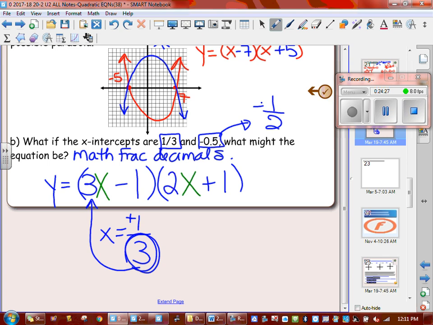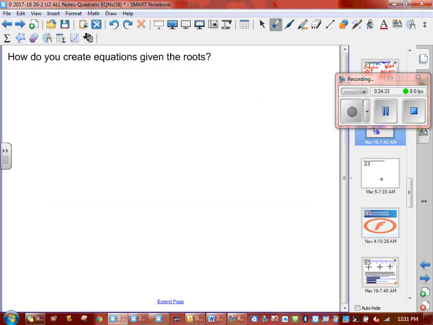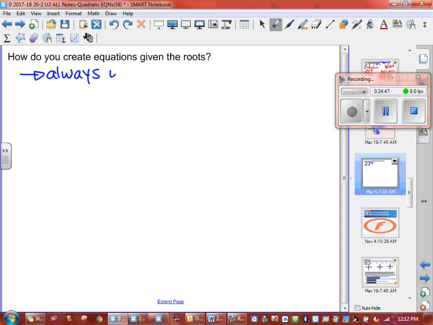Let's see how we would create an equation given our roots. Now again, that's exactly what we just did. So how do we create the equation? So always use fractions instead of decimals.